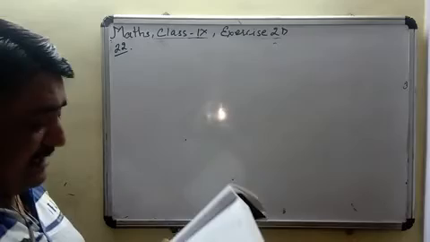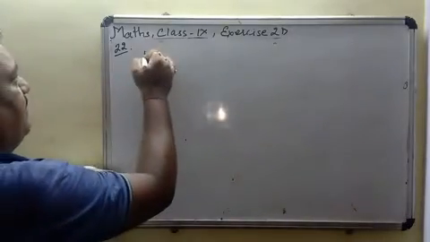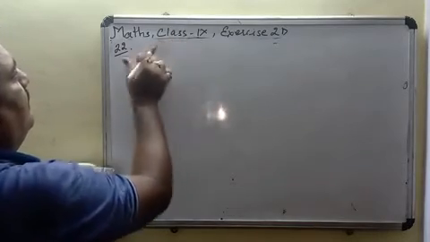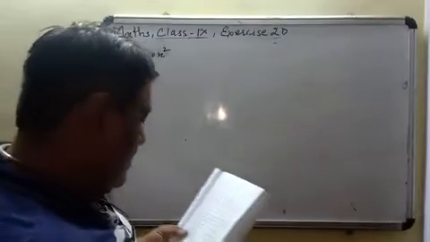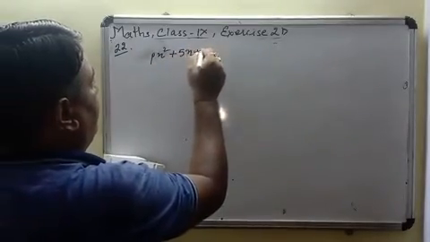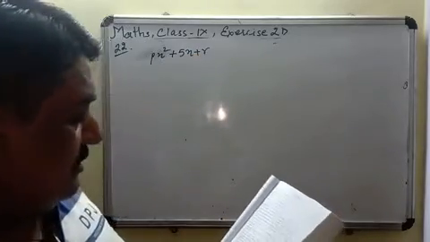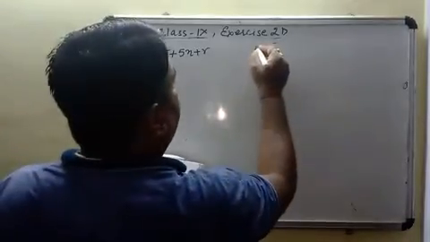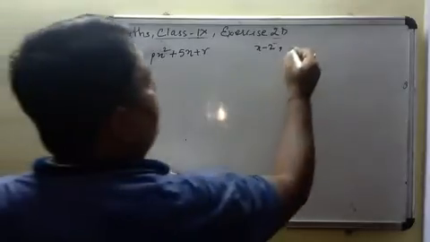Question number 22 is saying that there is a polynomial px square plus 5x plus r, and this polynomial is having factors x minus 2 and x minus 1 by 2.